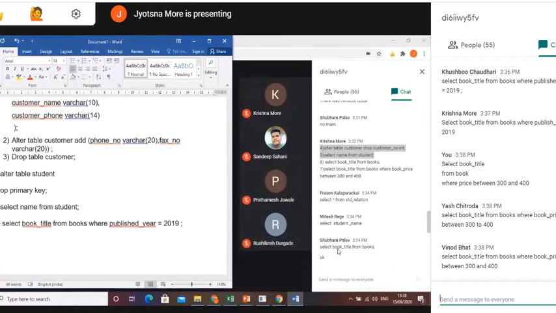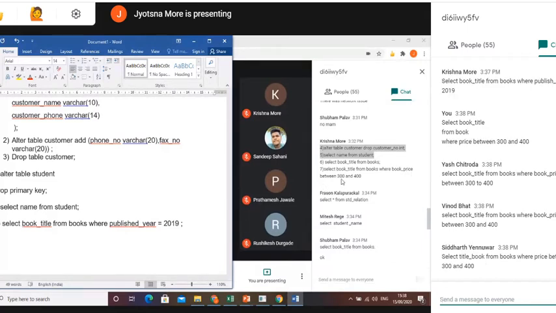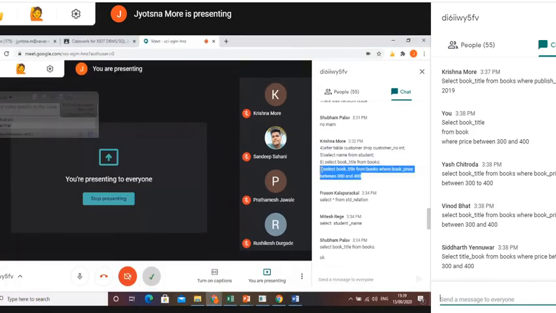So select book title from relation as a book, where book price between 300 and 400. Is it correct, or do I need to write book price between 300 to 400? He wrote 300 and 400. Is it correct, student?